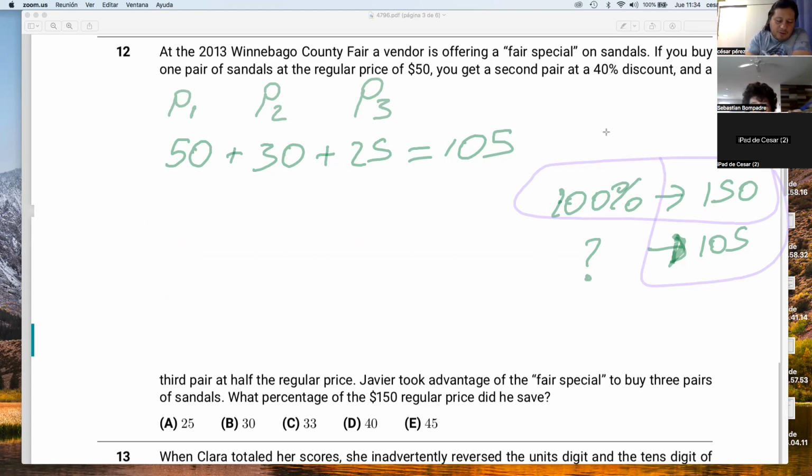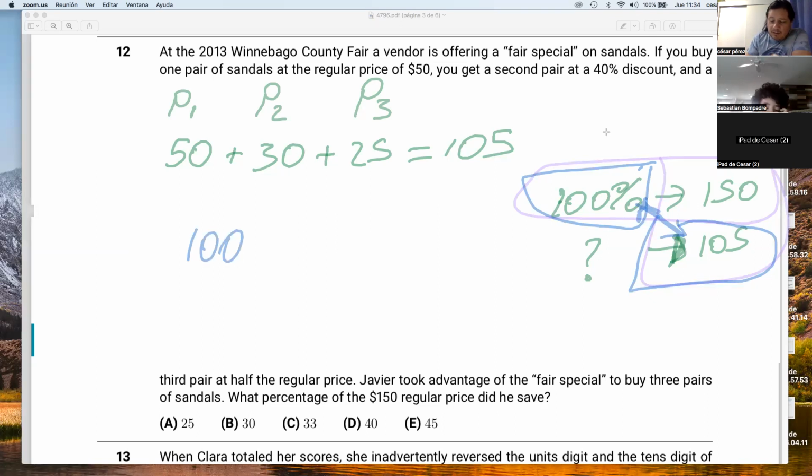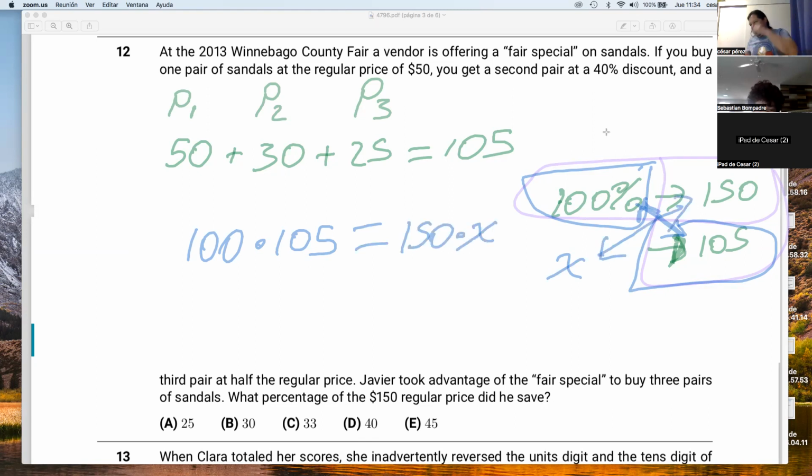Well, there are several ways. You need to see the numbers that are opposite. We are going to multiply 100 times 105. We need this value. So if we multiply those two, we will get the same. So we have an equation and you can solve it.